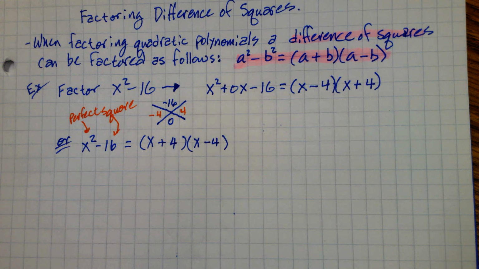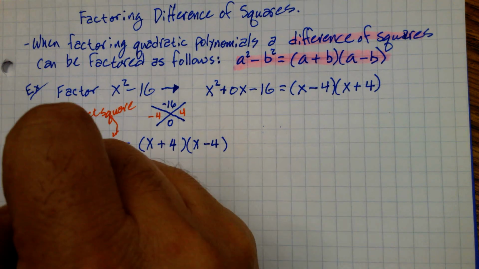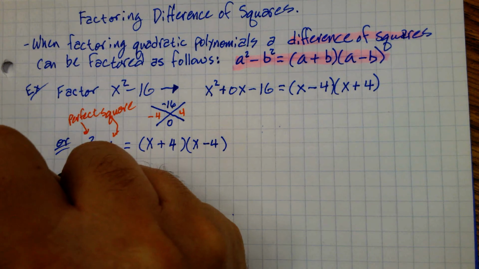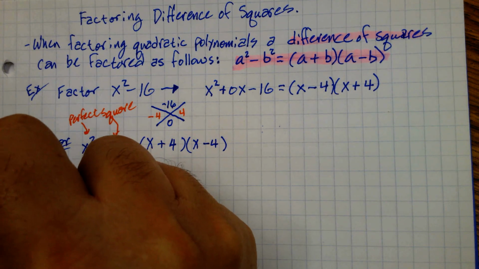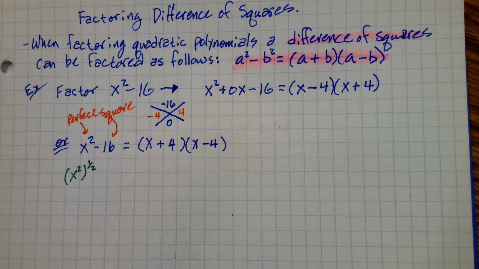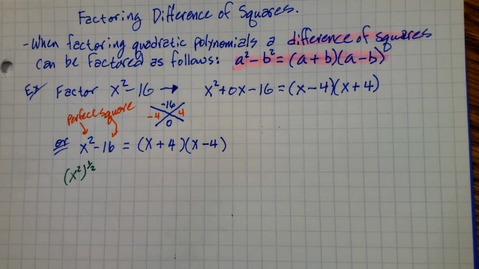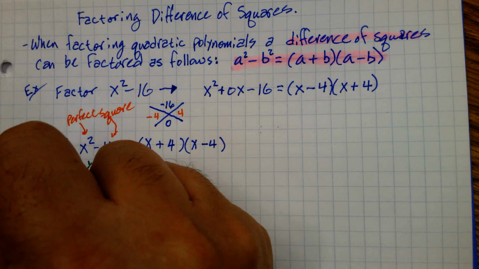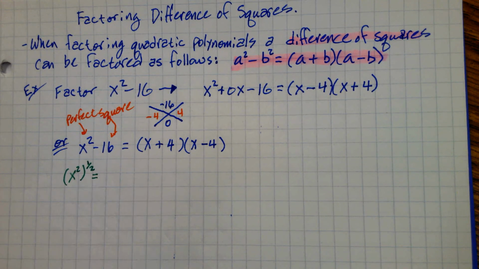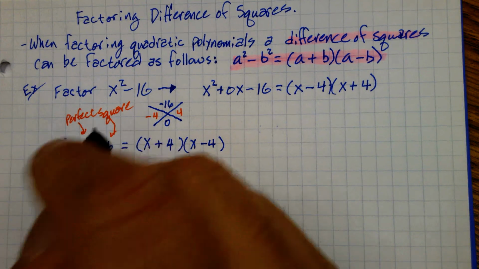And you recognize the following. The square root of x squared: remember, raising something to the 1/2 power is square rooting it. Also, what's 2 times 1/2? 1. And x to the 1 is just x.